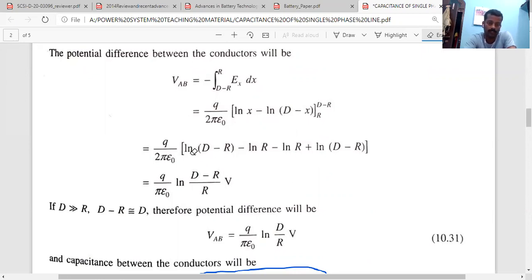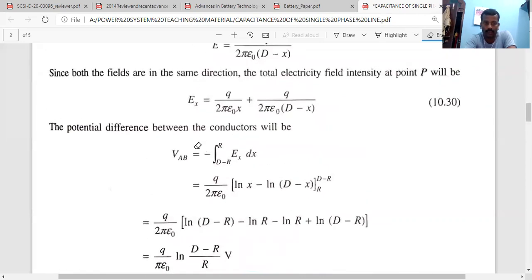Then you know that in the case of ln, the minus sign goes to the denominator, so 2 times ln (d minus r) upon 2 times ln r, the 2 will be cancelled, and it becomes q upon pi epsilon naught ln ((d minus r) by r) volt. This is the voltage or potential difference between conductors A and B.